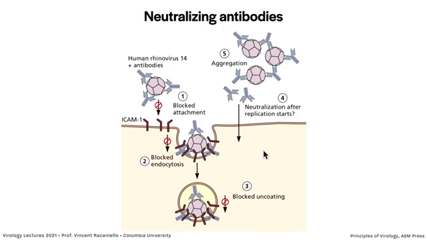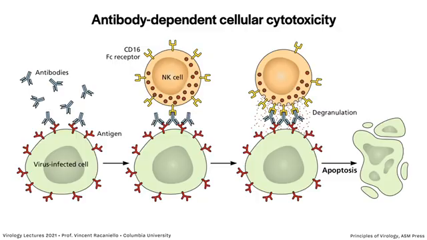And in this case, the antibodies are taken up along with the particle. They get in the cytoplasm, and they can interact with structural intermediates and block them, say, from assembling. So many ways that antibodies can work. They can even work in a way that doesn't even involve binding to virus particles.